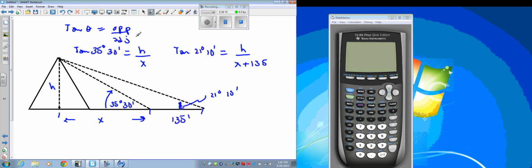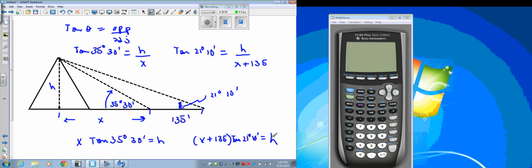It's going to be convoluted, but I'm going to take this equation here and say x tangent of 35 degrees 30 minutes equals h. And then I'm going to say that x plus 135 tangent of 21 degrees 10 minutes equals h. There are other ways to approach the problem.